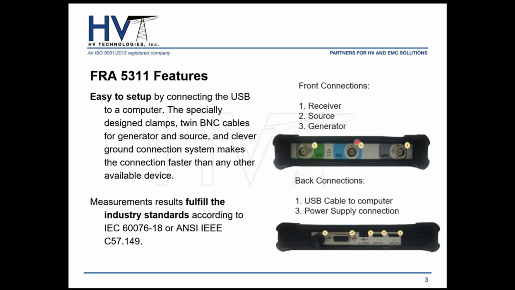On the front of the FRA you have your channels: channels 1, 2, and AWG, which is your generator. Once you connect to the computer and connect your 2 clamps, you're basically good to go.